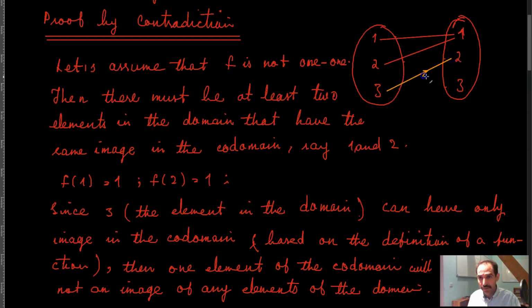2, or suppose that the image of 3 is 3, it doesn't really matter. If the image of 3 is equal to 2, then one of these elements is going to be not an image of any elements of the domain, right?